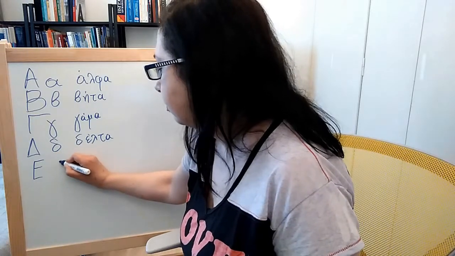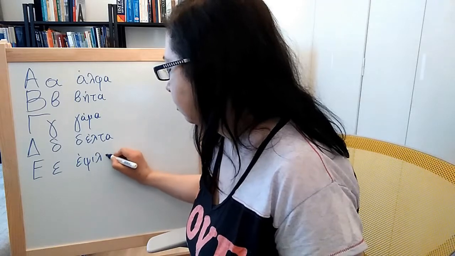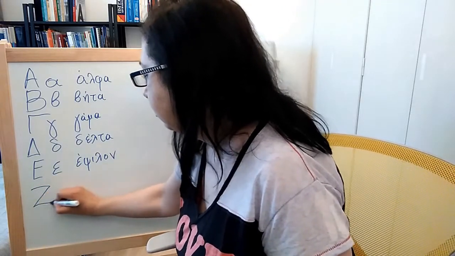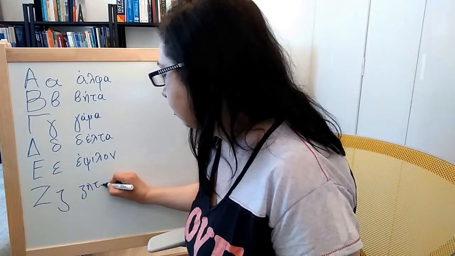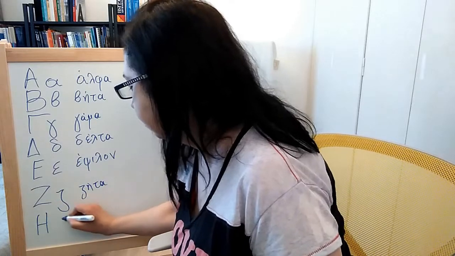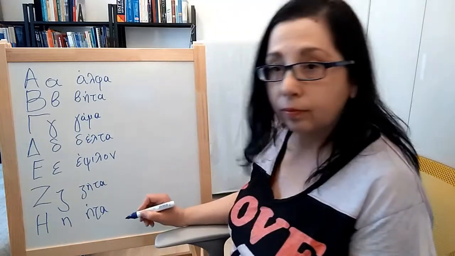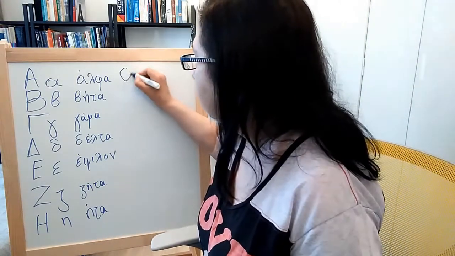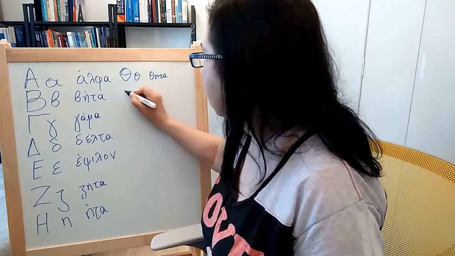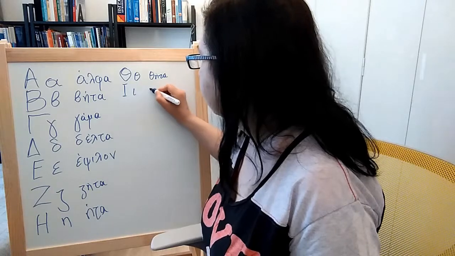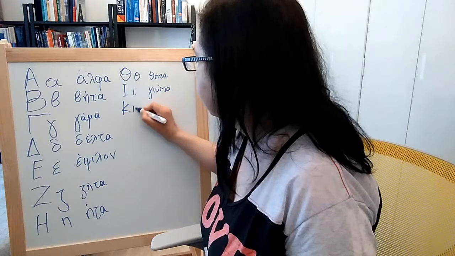Epsilon. Zeta. Eta. Okay? Theta. Iota. Kappa.